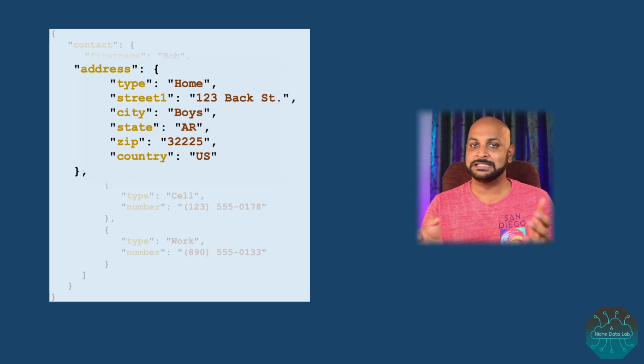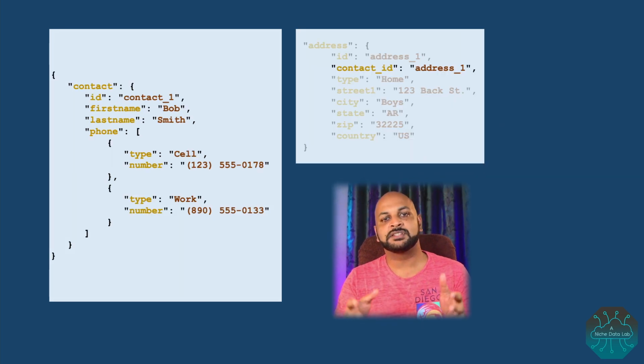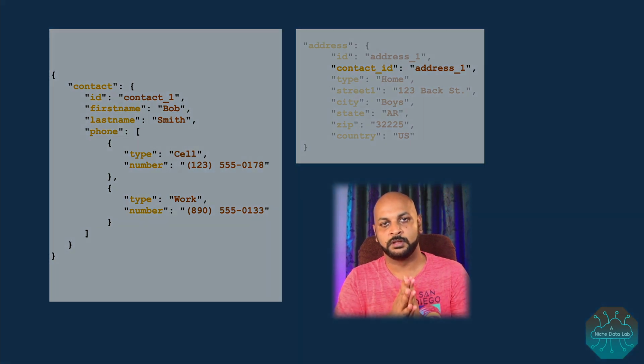Another model is that the complete child information can be embedded into the parent document. Or we can have something like an RDBMS model where child entities refer to the parent with something like a foreign key. In this video, we will take a few examples and see how data modeling can be done in JSON documents based on the use cases.